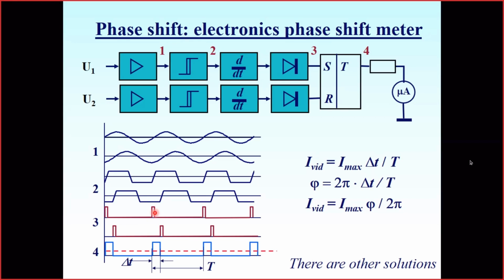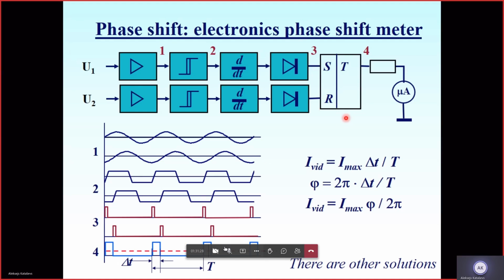When these pulses come simultaneously, there will be the prohibited situation when both S and R are on 1. We may select a special design for such a trigger where switching both to 1 doesn't give anything. So the trigger just doesn't switch to the other state.